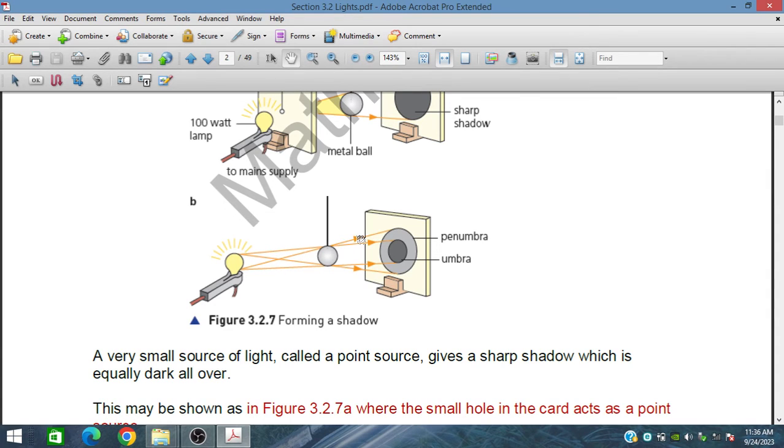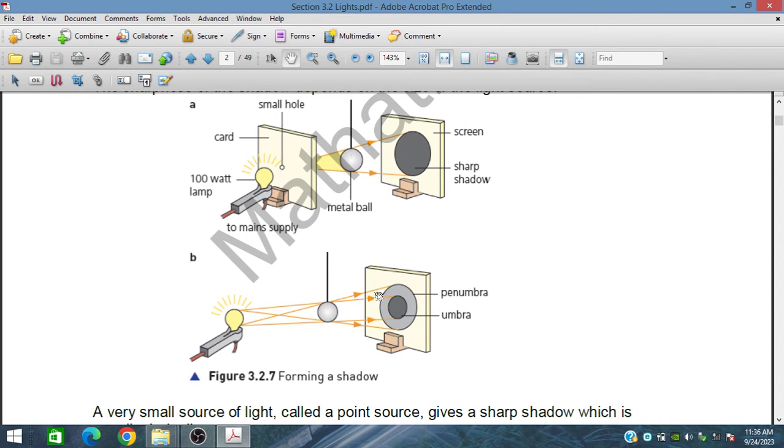So here we have this kind of shadow. Due to these rays, we will have this penumbra.